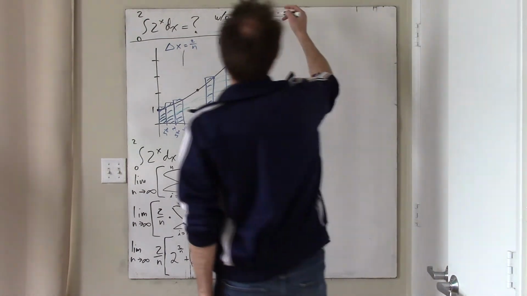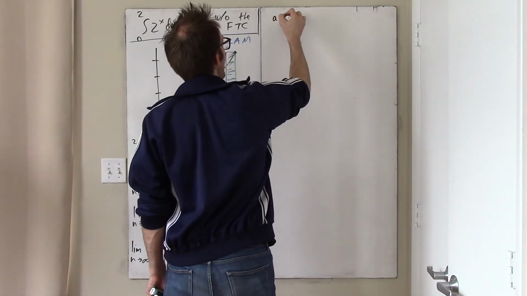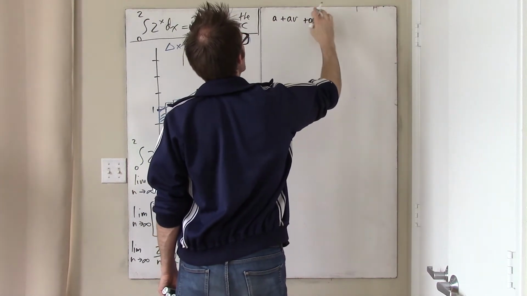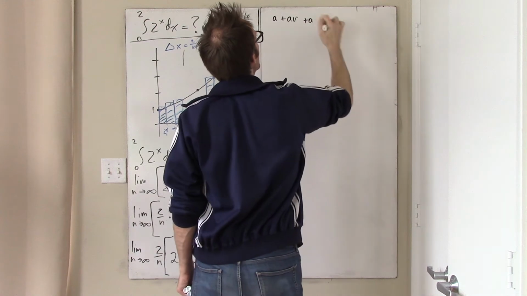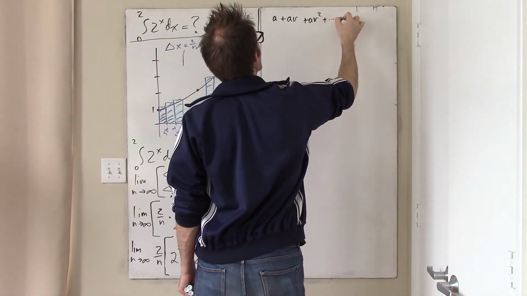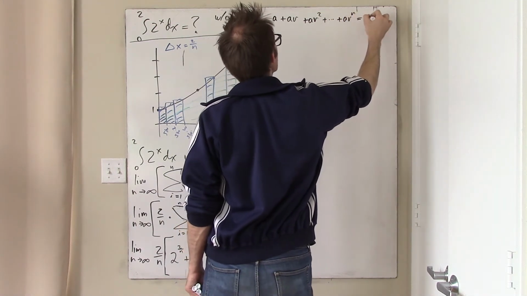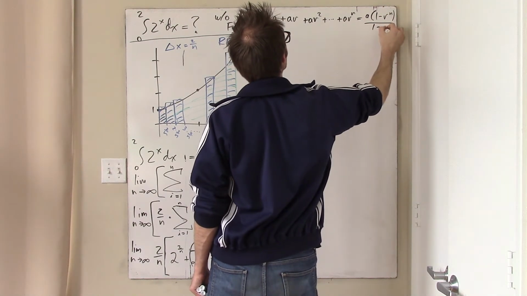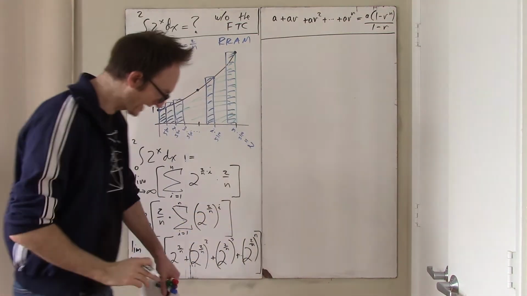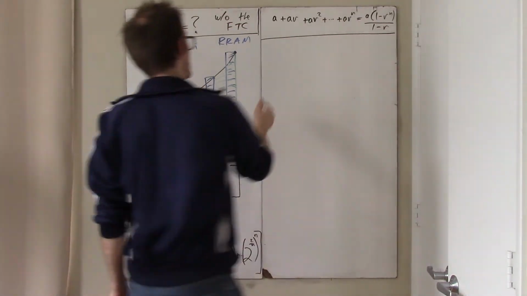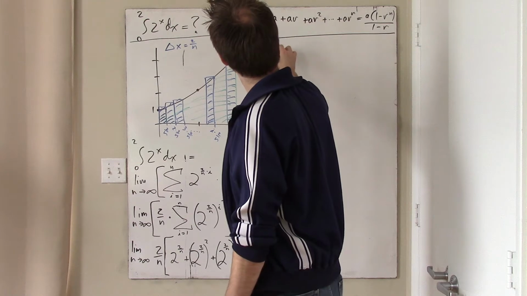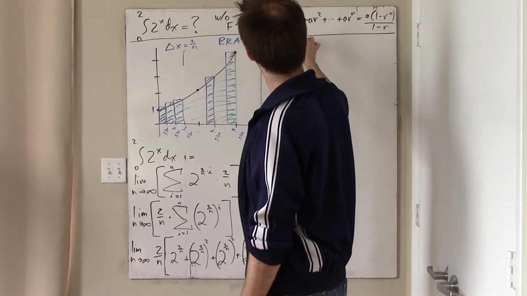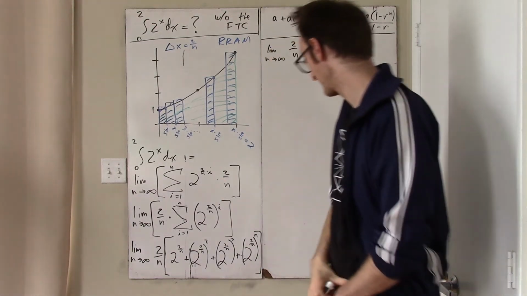And so, we just know, because, like, math, that a plus ar plus ar squared, all the way up to ar to the n, is a times 1 minus r to the n over 1 minus r. This is just sort of pre-calculus. And so this becomes, over here, the limit as n goes to infinity of, well, there's this 2 over n that's just sitting out here doing nothing.